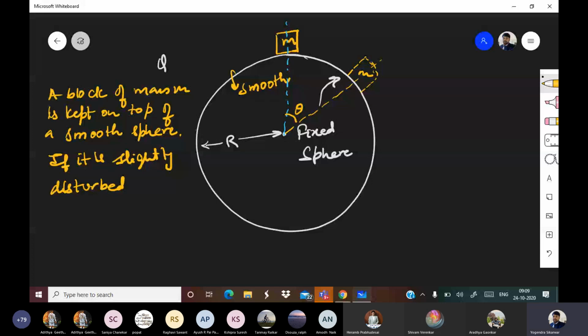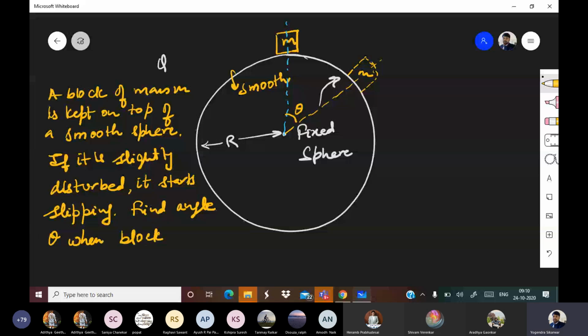Find the angle theta when the block leaves the contact with the sphere. Okay, please pay attention, everyone.